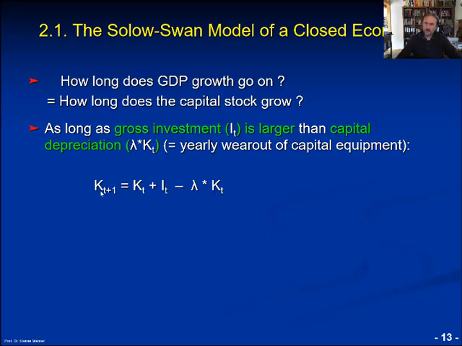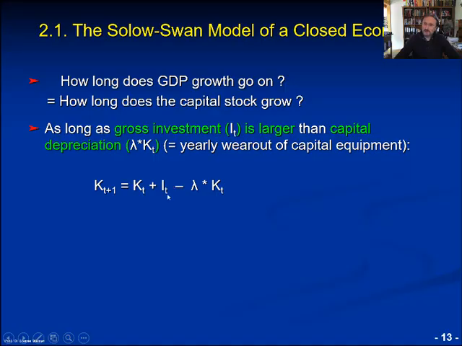The capital stock of the next year t plus 1 is equal to the capital stock of this year plus gross investment of this year minus capital depreciation, represented by the product of the depreciation ratio lambda times the capital stock of this year.